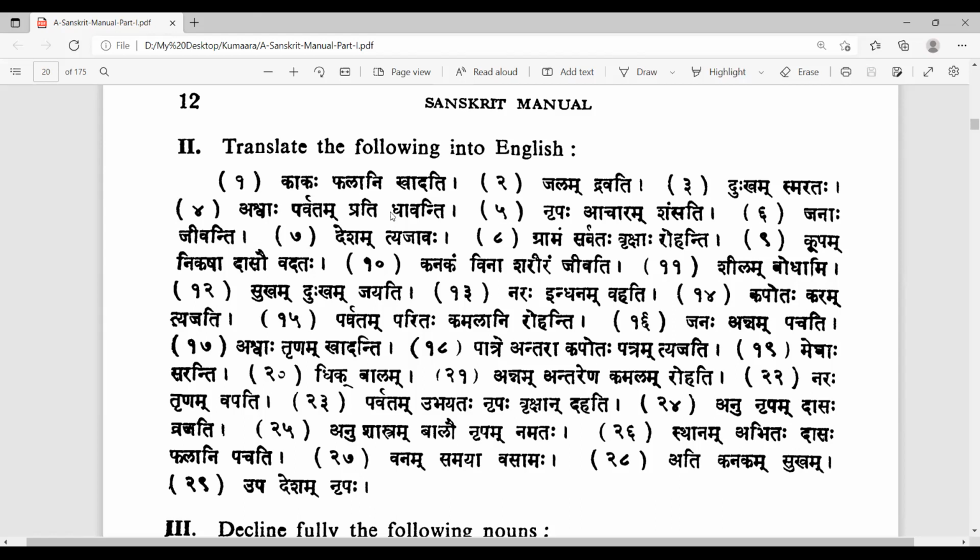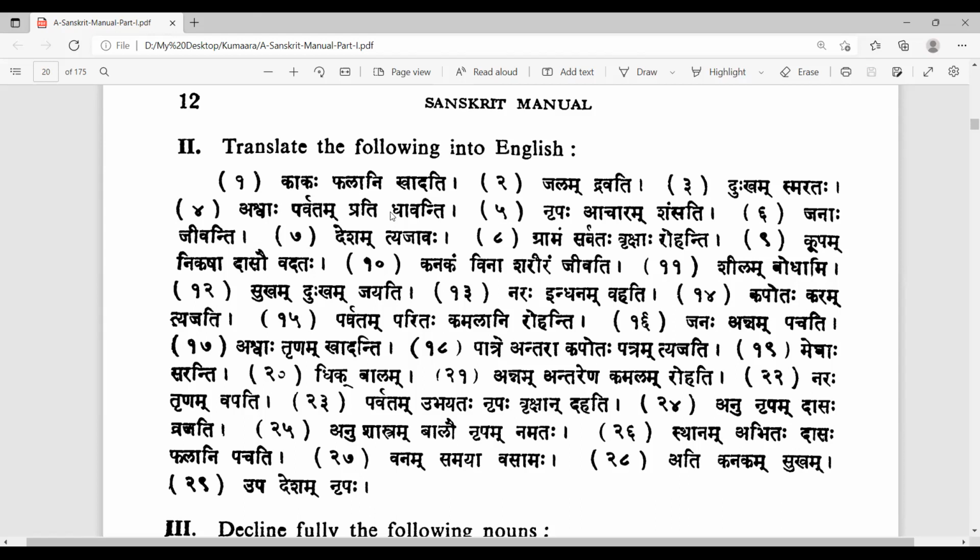Then, janah annam pachati. Kriya padam kaha? Pachati. Janah pachati. Kam pachati? Annam pachati.